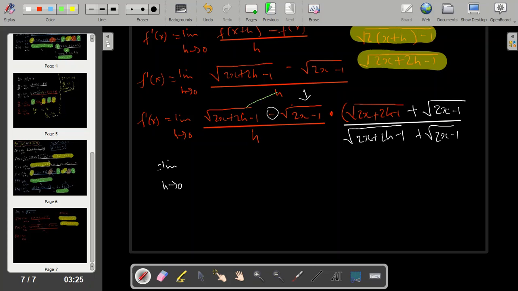When we multiply this and that, the radicals will cancel each other, and since everything that is inside is the same, when you're multiplying the root of 2 and the root of 2 like that, you just remain with the answer 2. So you just get the inside part. Equally, even here we're just going to get the inside part. So this is going to be 2x plus 2h minus 1.